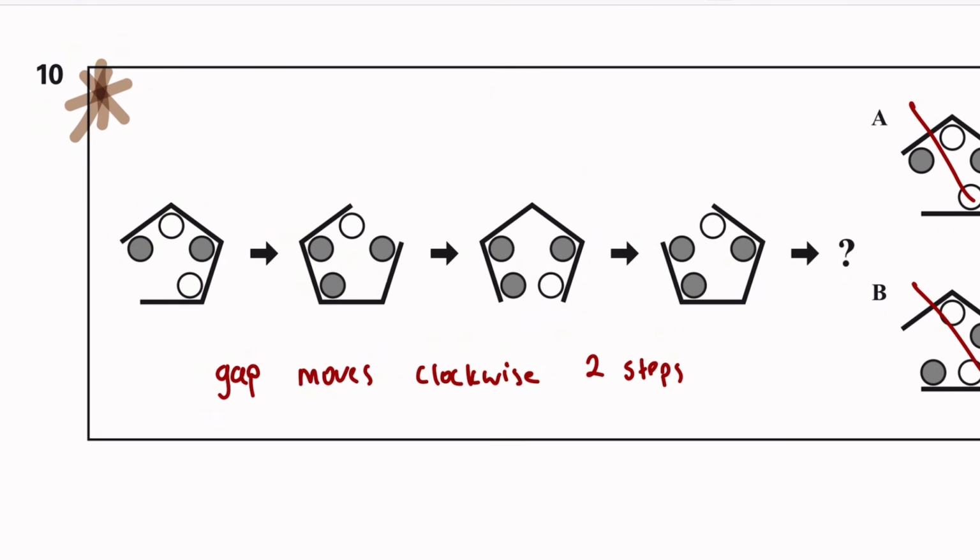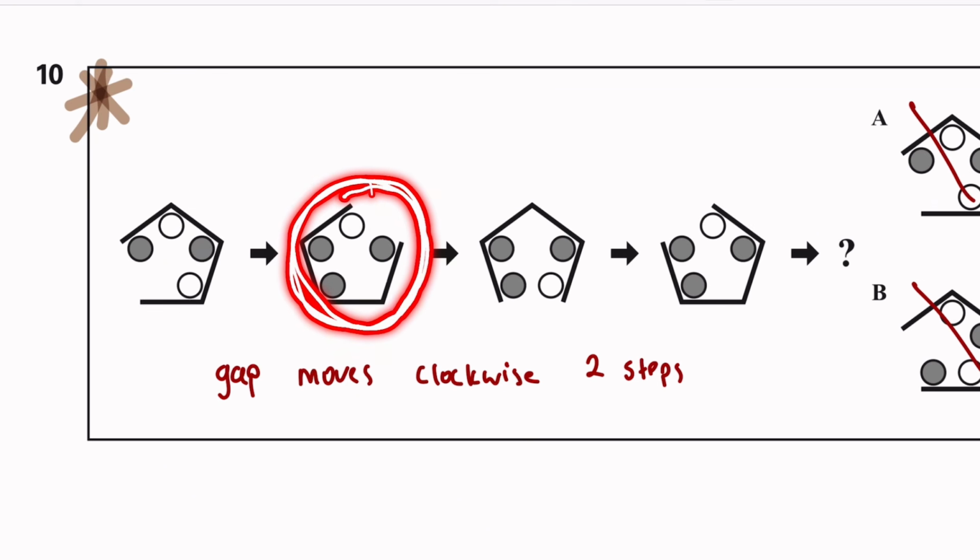Another way of approaching it is to see, are there any similar shapes? Because my way of thinking about it is, are there any similar shapes in this pattern? For example, what I mean is there a pentagon that looks like this with the gap over here, and another one that has a similar outlook, a similar design, okay? And what I came to realize is that here, you notice this one, right?